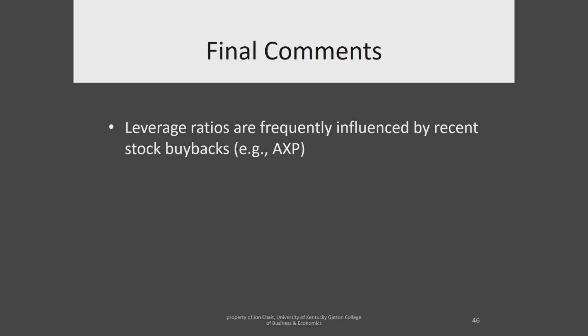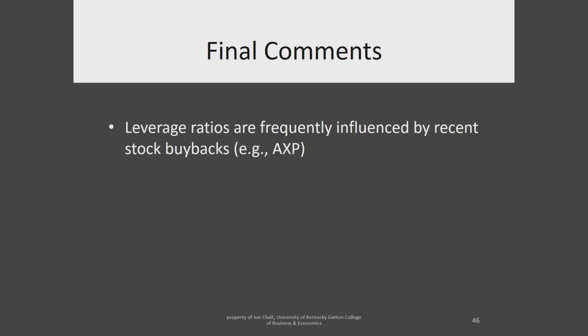Some final comments. Leverage ratios are frequently influenced by stock buybacks. We're living in a period today, and we have been for 10 years, where every year stock buybacks increase. When we get further into the course, I'll give you some data on the number of stock buybacks in 2018. But 2018 had a record of stock buybacks, and 2017 was a record, and 16 was a record. So as companies are buying back stock, their leverage ratios are going up.